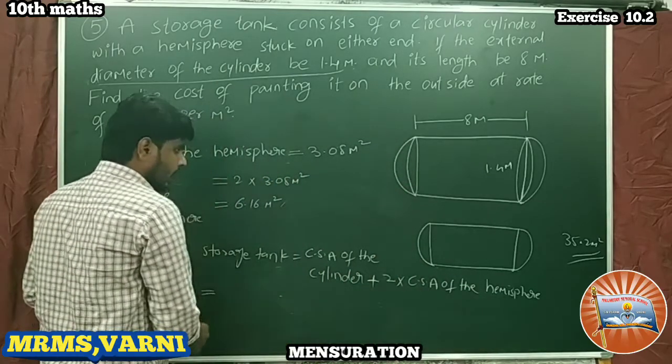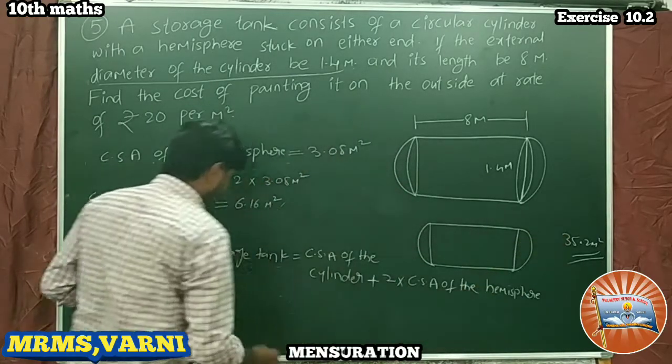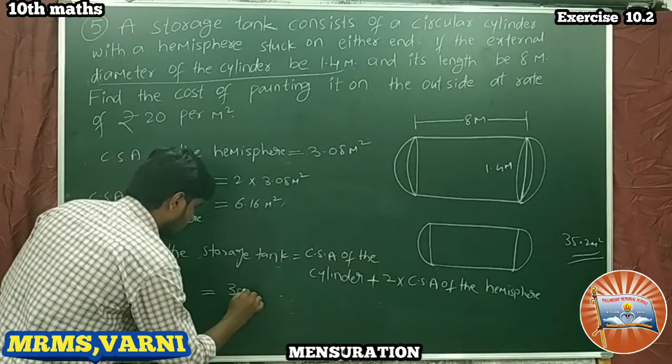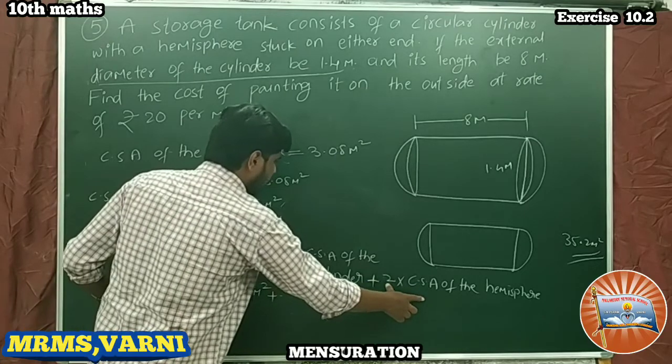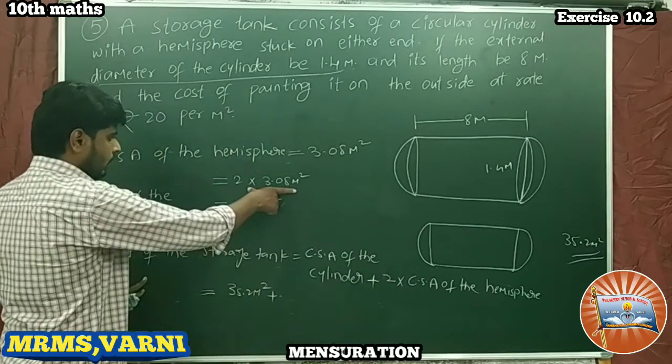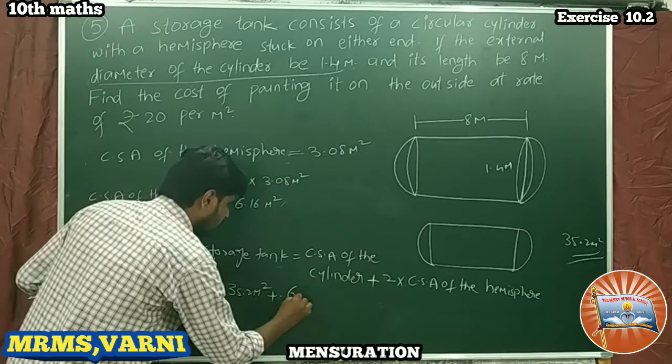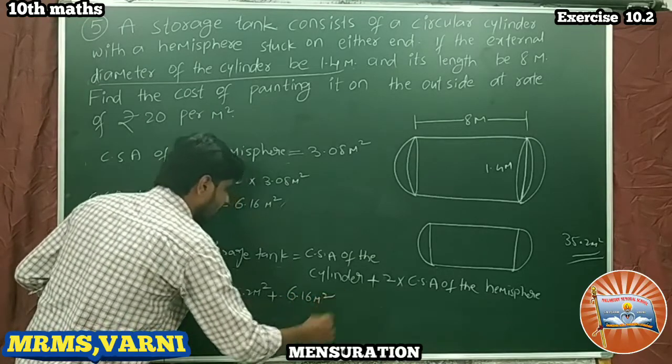So CSA of the cylinder is 35.2 meter square we got, plus this value, 2 into hemisphere surface area, here it is 6.16 meter square.